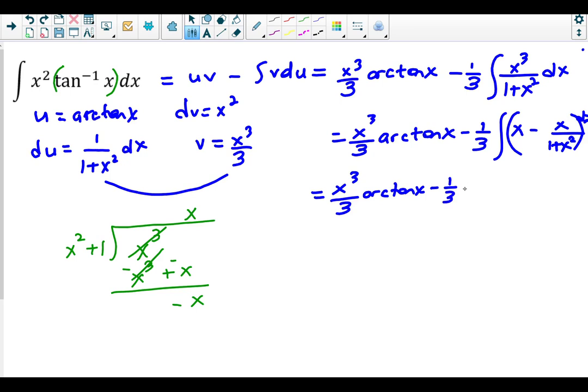Now to integrate, the integral of x is x squared over 2. And the integral of x over 1 plus x squared. Okay, so right there, x over 1 plus x squared, what do you think you have to do to integrate that? Hopefully everybody knows that really well by now, right? Use substitution, let u be 1 plus x squared, and you're going to end up having 2x dx equals du.